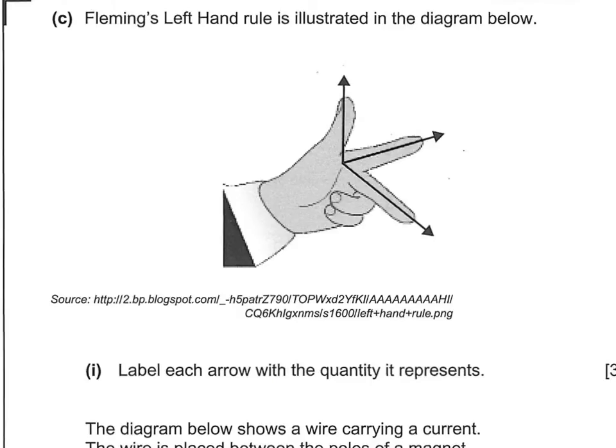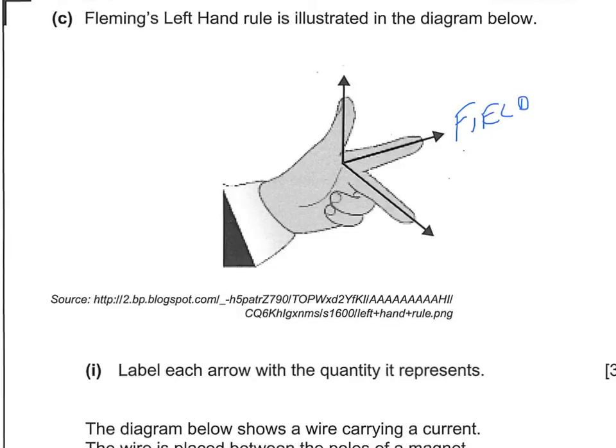Part C. Fleming's left-hand rule is illustrated in the diagram below. So you've got here a left hand with the thumb pointing up, the pointing finger pointing straight ahead, and the second finger pointing straight out from those two. Label each arrow with the quantity it represents. Okay, so your pointing finger is always magnetic field.